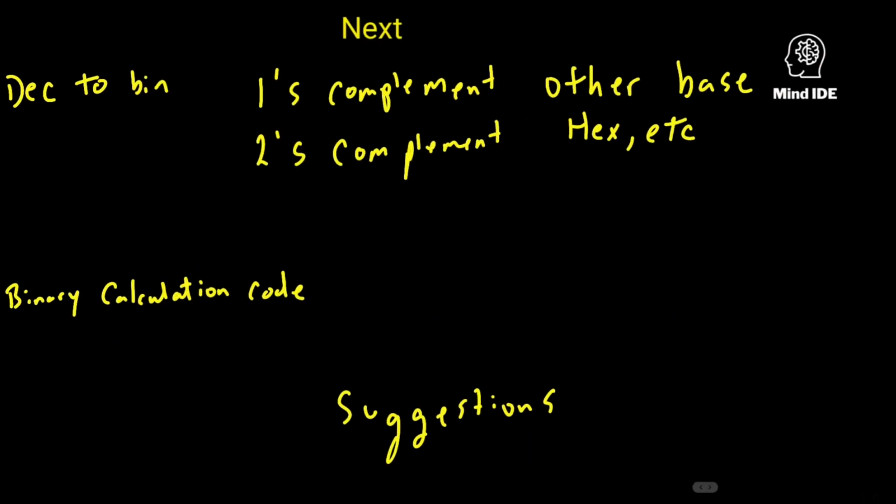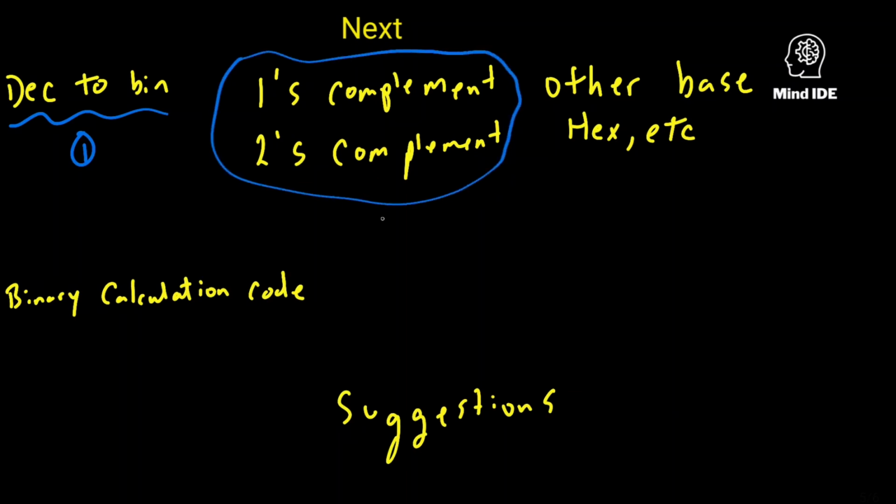All right, so hopefully that was helpful. I think that the next video I'm going to do is converting decimal to binary. And then I might do, this is kind of the schedule here that I'm thinking. So decimal to binary is the first one. This one we could probably do in a single video. So that is 1's complement and 2's complement.